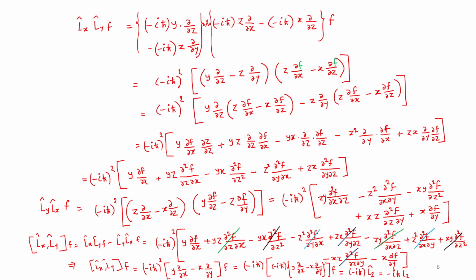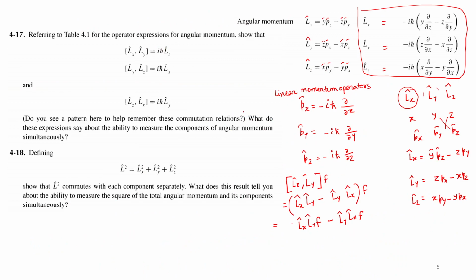Okay. See, here y ∂/∂x. What is Lz? Lz is, if you can see, x ∂/∂y minus y ∂/∂x. So Lz is minus iħ (x ∂/∂y minus y ∂/∂x). If we include the sign, it becomes y ∂/∂x minus x ∂/∂y with minus Lz.